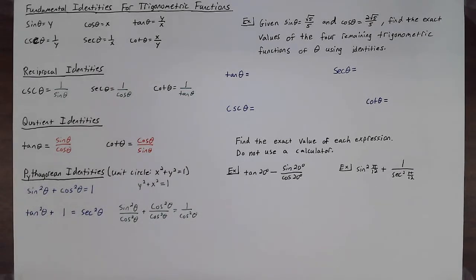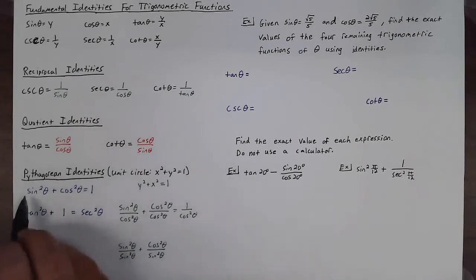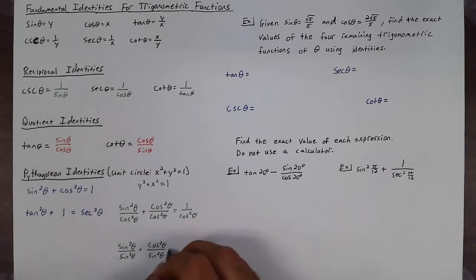And if I chose the other trig function, sine, to divide by, I would have sine squared of theta over sine squared of theta plus cosine squared of theta over sine squared of theta. Again, I'm just dividing the original one by sine squared, equals 1 over sine squared of theta.